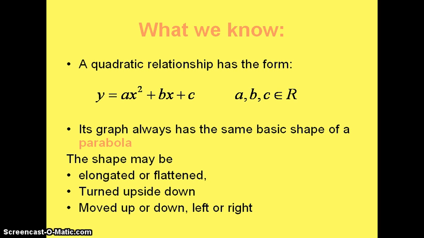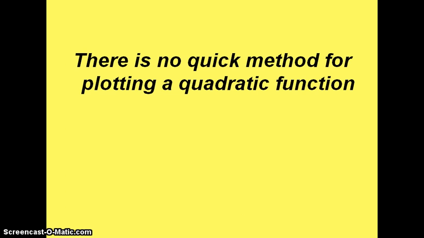So in order to draw well a parabola, we have to calculate some points, and this isn't a simple or a quick method. There is no quick method for plotting a quadratic function.